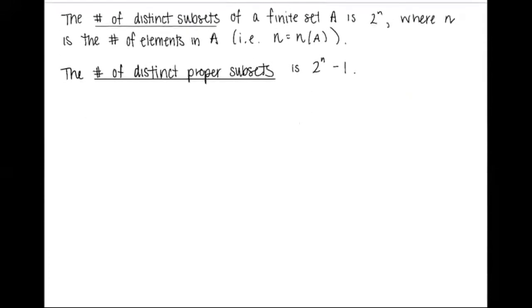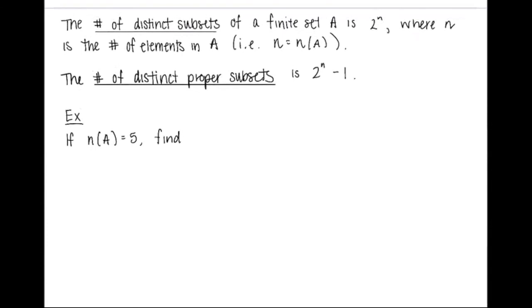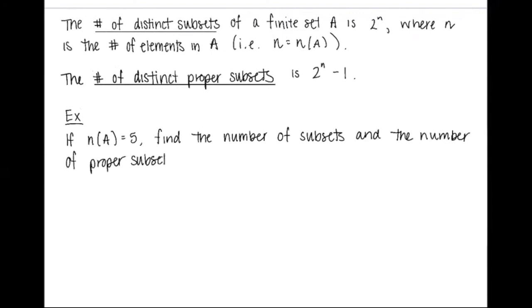So let's do one example. If the cardinality of set A is 5, we're going to find the number of subsets and the number of proper subsets for set A. So let's start with just subsets.